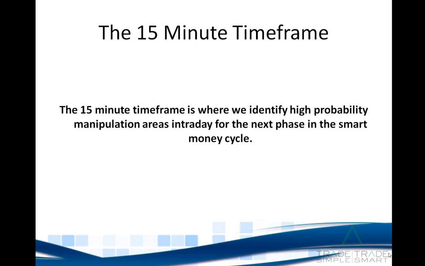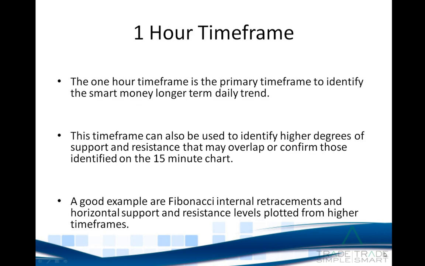And we've seen examples of this previously, where once we've identified the longer term weekly cycle on the hourly chart, we would then drop down to the 15-minute time frame to identify areas of deep liquidity where smart money may choose to manipulate orders. Now, the hourly time frame is the primary time frame to identify the smart money longer term daily trend.